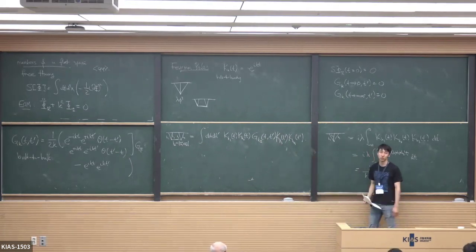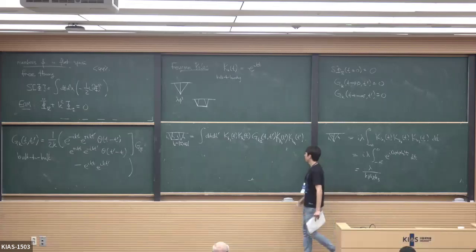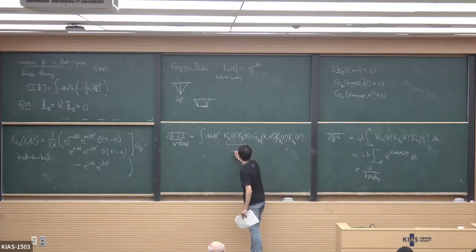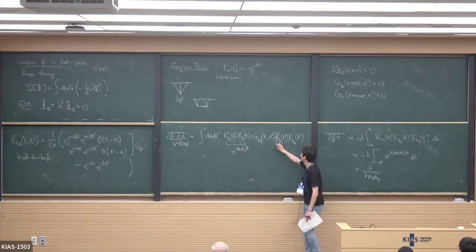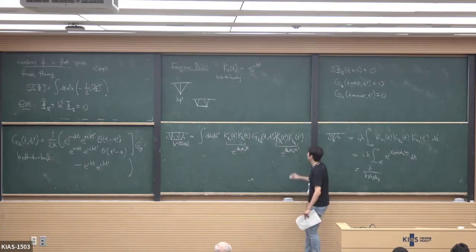So this is the integral that we want to do. This is simply e to the i(k1 plus k2)t, and this is simply e to the i(k3 plus k4)t prime.